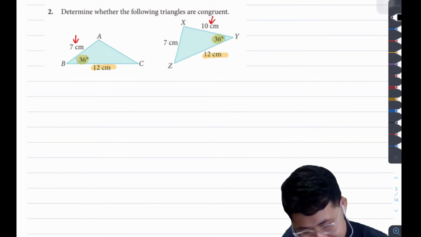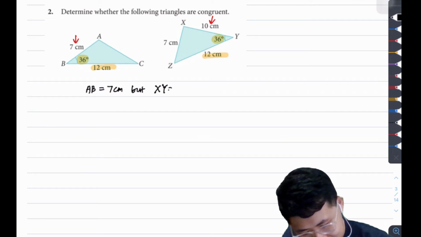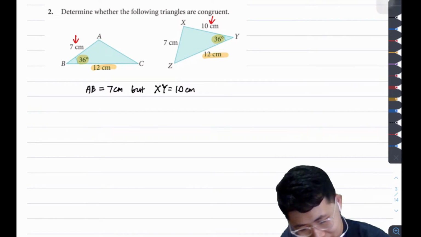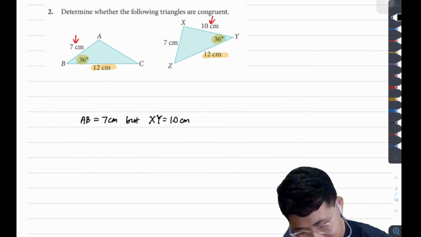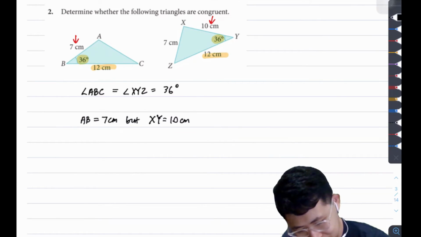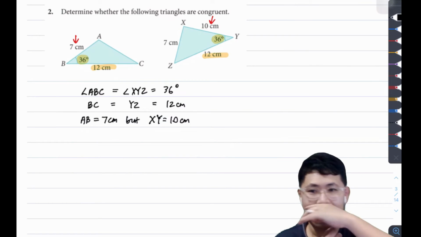So AB is equal to 7 cm, but XY is equal to 10 cm. Now if you want to make it a bit more foolproof, this would be the very last line. You can mention that angle ABC equals angle XYZ equals 36 degrees, BC equals YZ equals 12 cm, and then we have the last line over there.